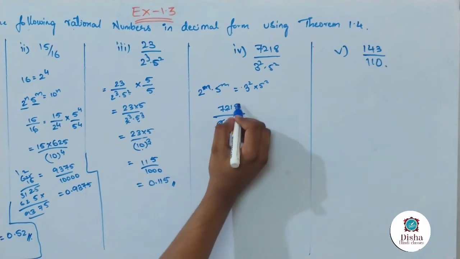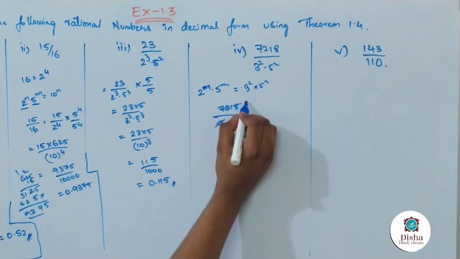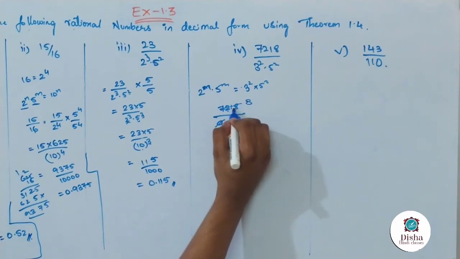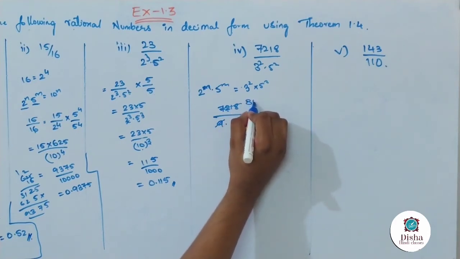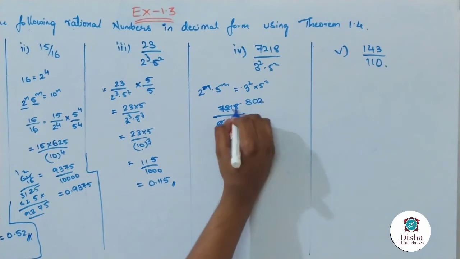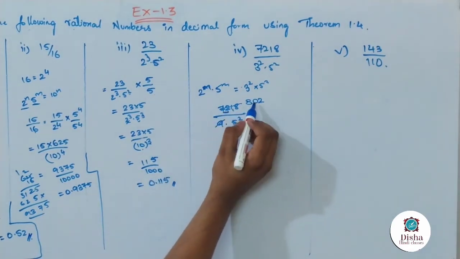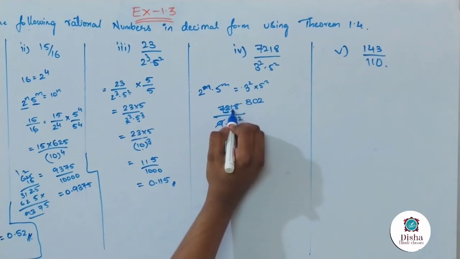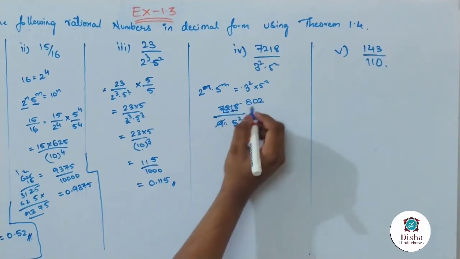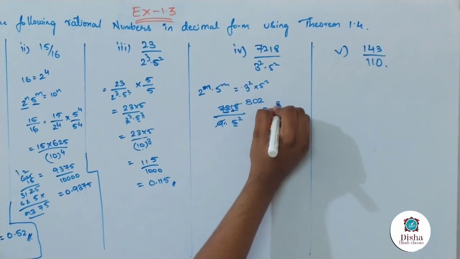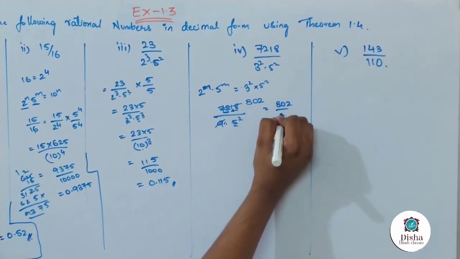So 9 8s are 72, we put a 0 here because we can't divide 1, and 9 2s are 18. So it will be 802 by 5 square.